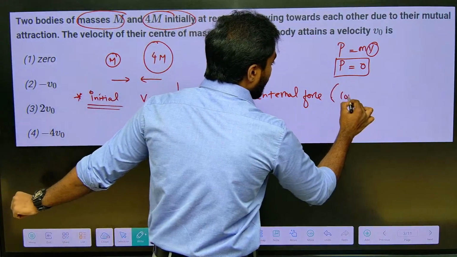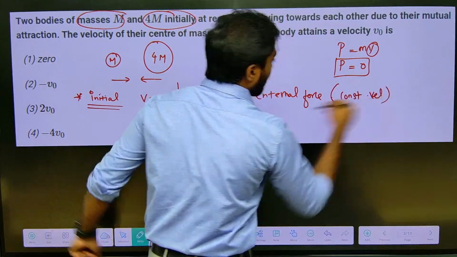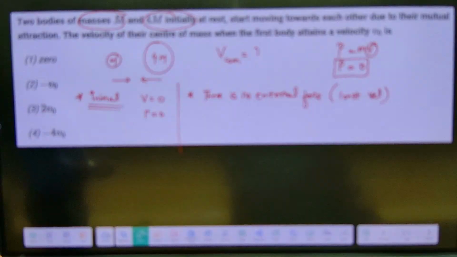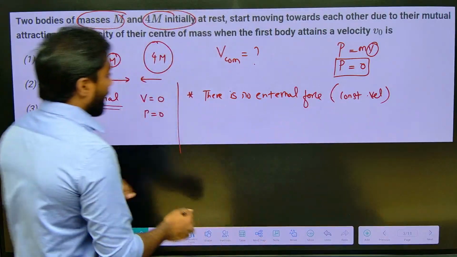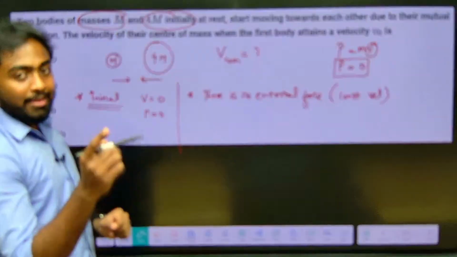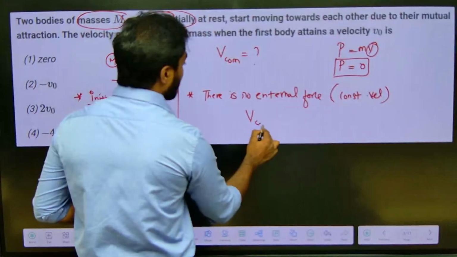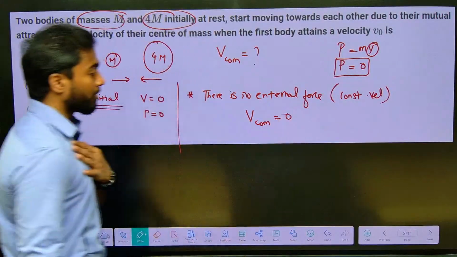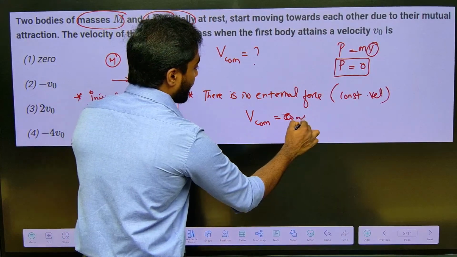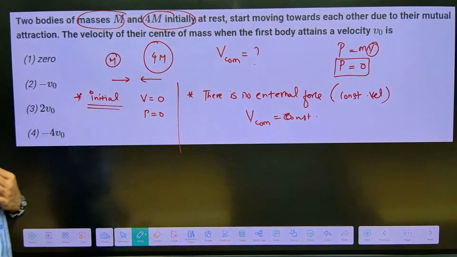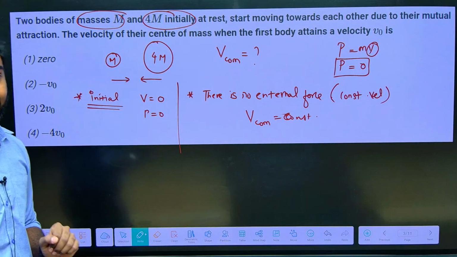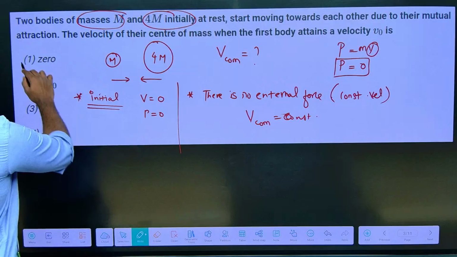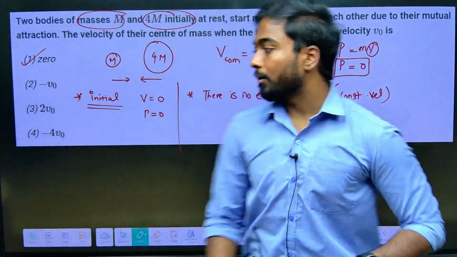When there is no external force, it will go with a constant velocity, and the v center of mass also will be constant, that is 0, or okay, constant I will take right now. So when it is constant, then I can say that the body will be at rest only, right? So obviously the option will be 1.